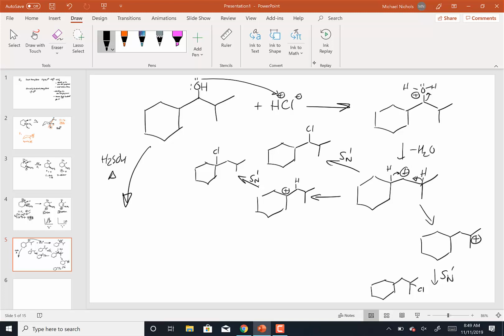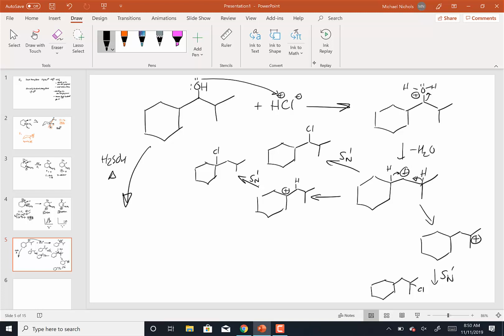Okay. Now, if I want to evaluate whether or not this thing can undergo carbocation rearrangements, that's easy enough to do. I just add H+. I use something like sulfuric acid and water, and I don't raise the heat. I protonate the OH, it forms a carbocation.